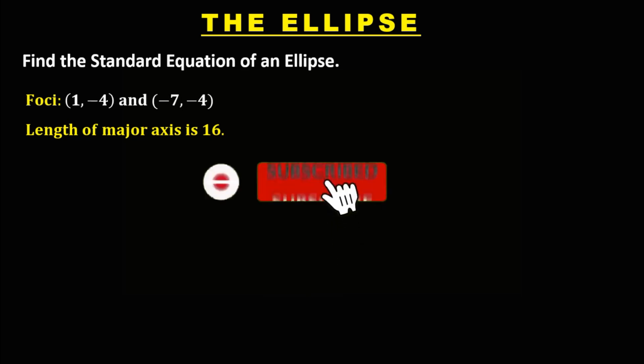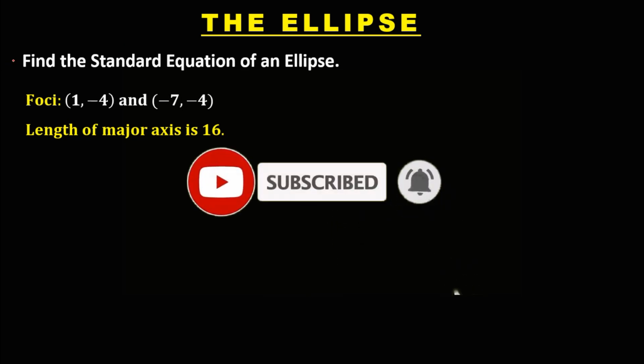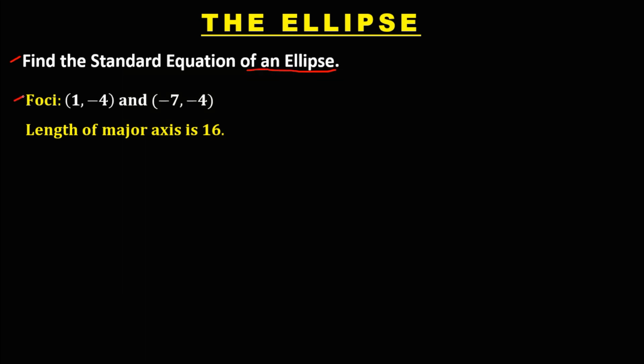Okay, so let's have this problem. To find the standard equation of an ellipse with given foci and the length of the major axis, first we need to graph the given. This is positive y, positive x, this is negative y and negative x.